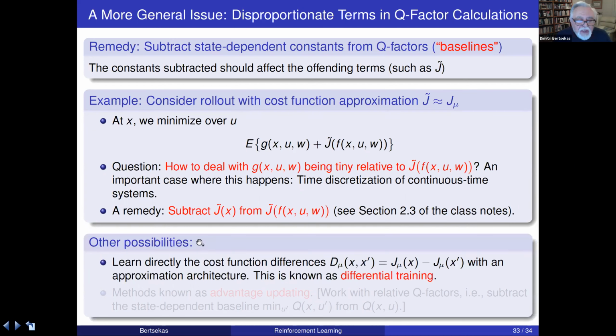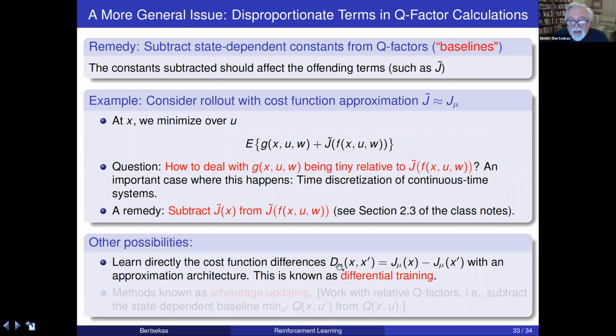Okay, here's another possibility. Instead of learning or approximating J mu of X, we may try to learn directly cost function differences, okay? J mu of X and J mu of X prime. So that requires training where the input is not just X, but pairs of states.